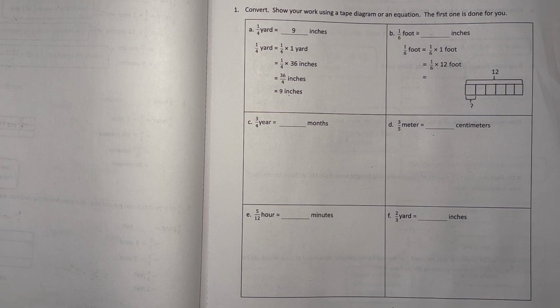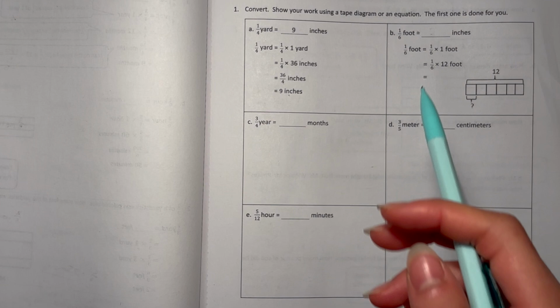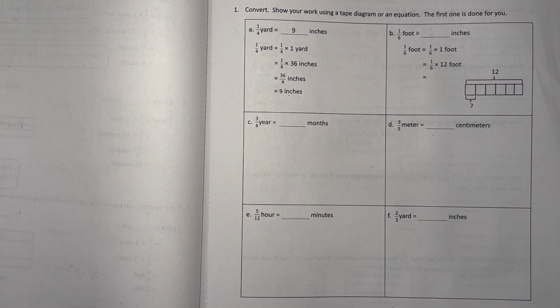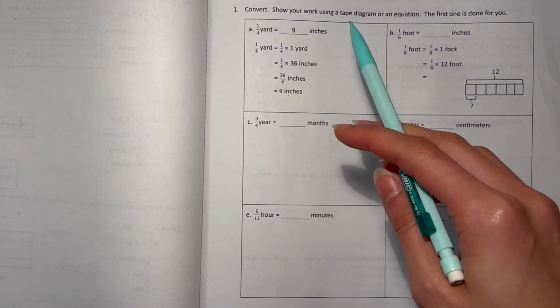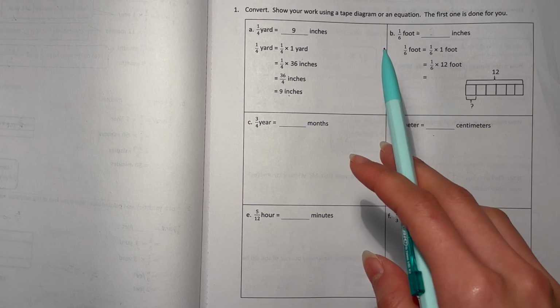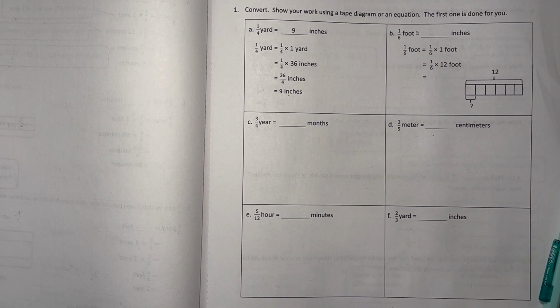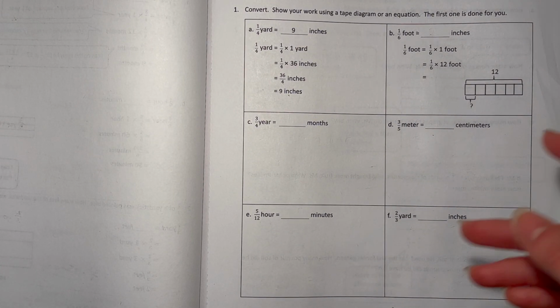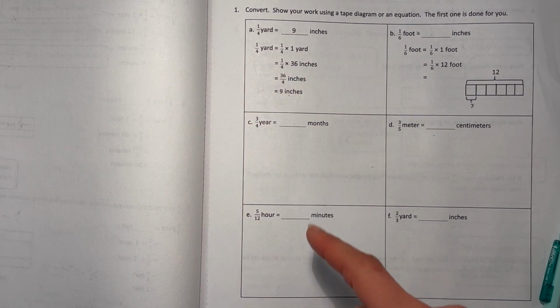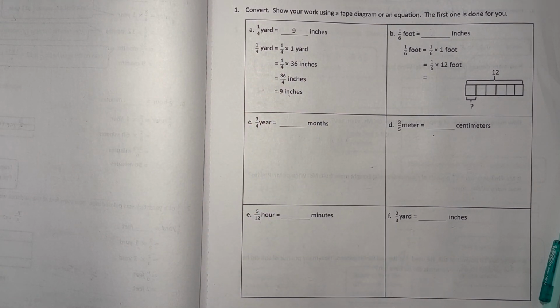So let's get started. Number 1, convert. Show your work using a tape diagram or an equation. The first one is done for you. Alright, so A, we have 1/4 yard equals 9 inches. So then they did 1/4 yard equals 1/4 times 1 yard.